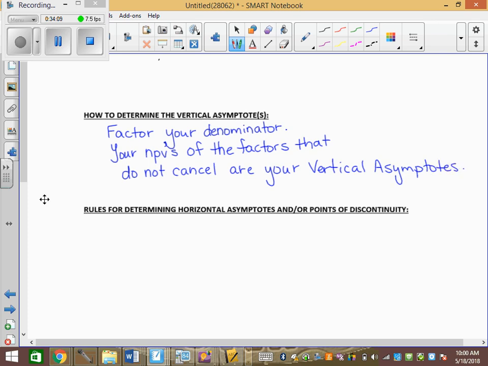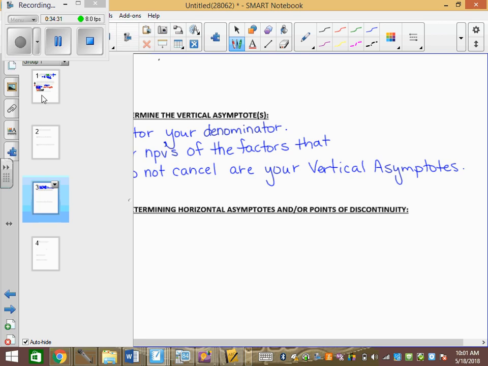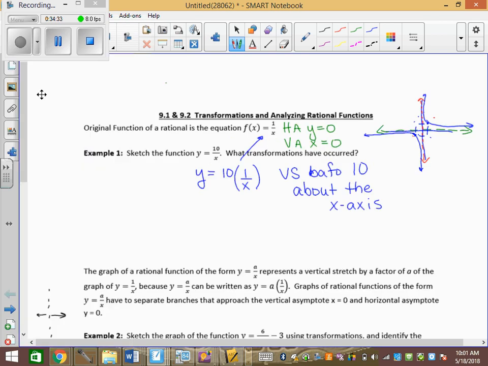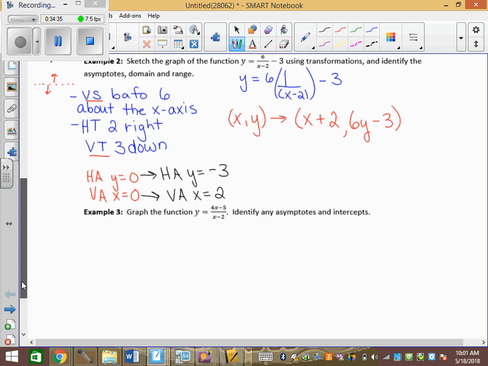I'll explain why in a second. Because last year you would have told me that x can't equal 2, or x can't equal 7, or something, for non-permissible values, correct? If it can't equal that, that's where an asymptote exists, because that's where the graph is not. Okay, so let's go back. We're going to do vertical asymptotes first for a few questions, and then we'll come back, because horizontal are a little bit more rule-wise.